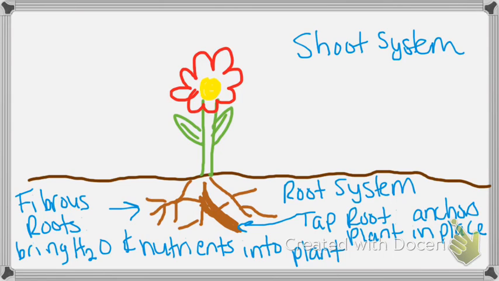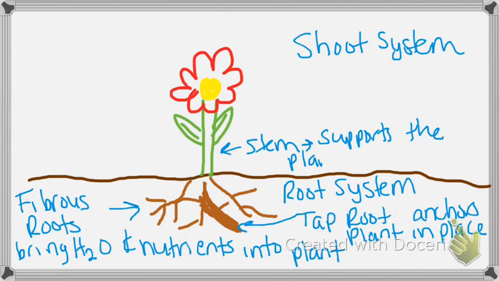Our shoot system is going to have our stem, which supports the plant and transports things like water and nutrients for the plant.